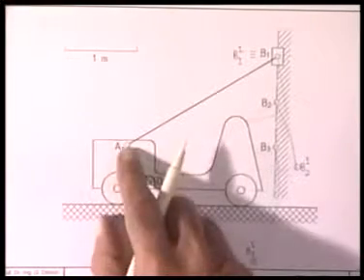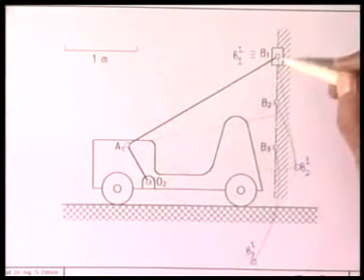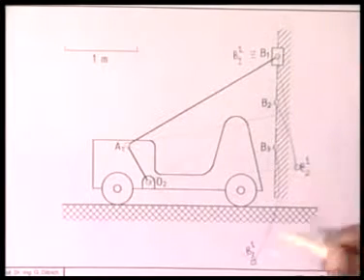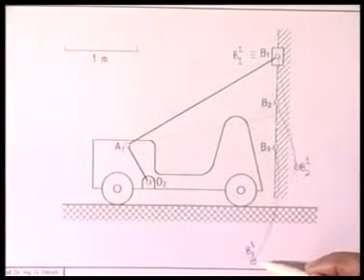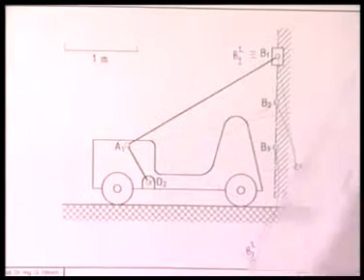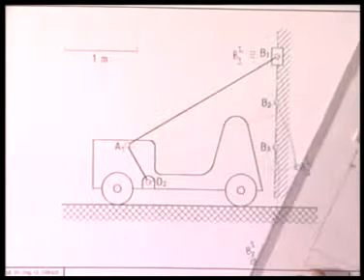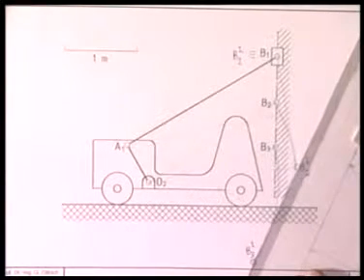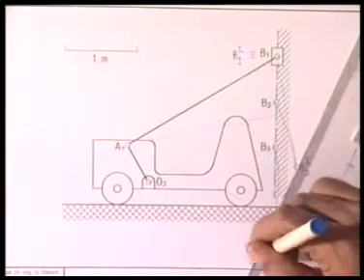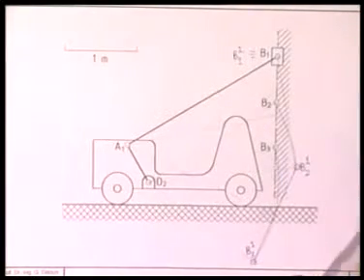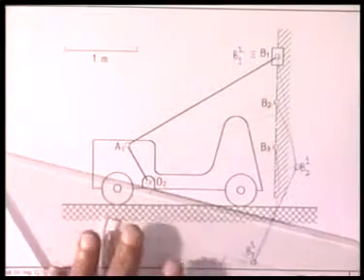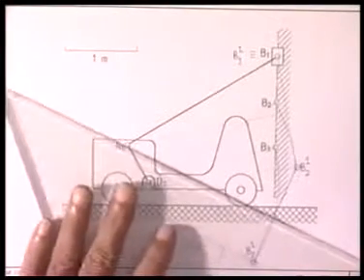Then A1 has to be at the center of the circle, passing through B11, B21, and B31. To determine that, we do the usual simple geometric procedure. We draw the mid-normal of B11, B21, B31, which is this line.